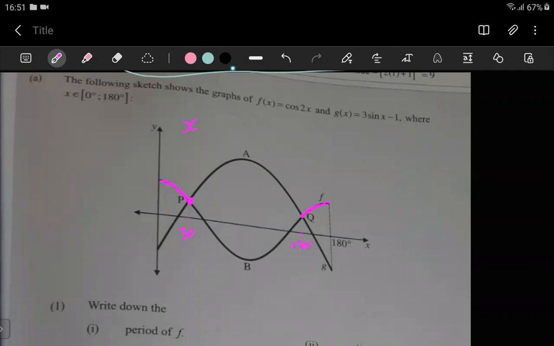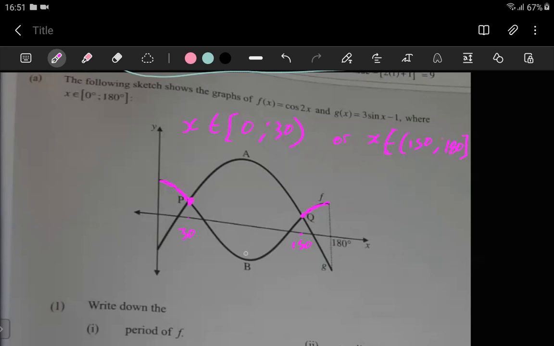So the answer here, we'll have to say x is an element of 0 up until 30. The 0 is included, the 30 is not. And then here we can say, oh, x is an element of, round bracket, 150 all the way until the 180 with square brackets.